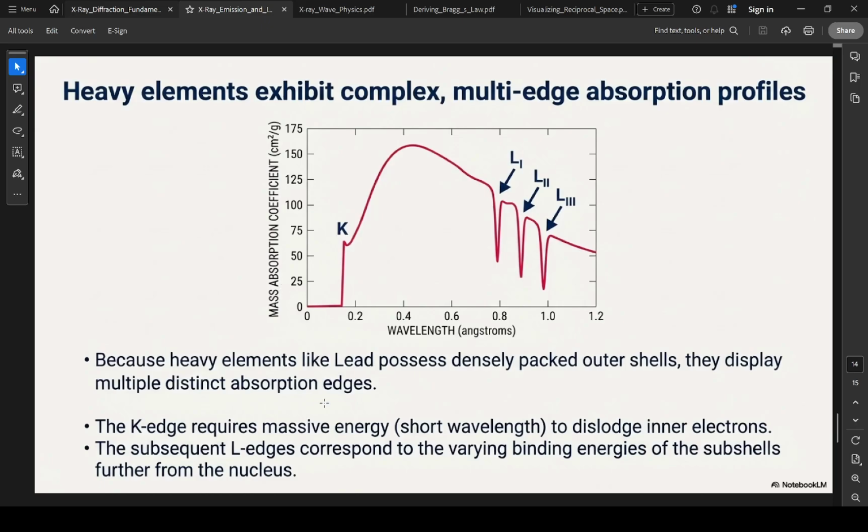So the K edge requires massive energy, that is, it requires extremely small wavelengths to dislodge inner electrons. Then you have L shells, which are at higher wavelengths, which correspond to transitions in subshells away from the nucleus.